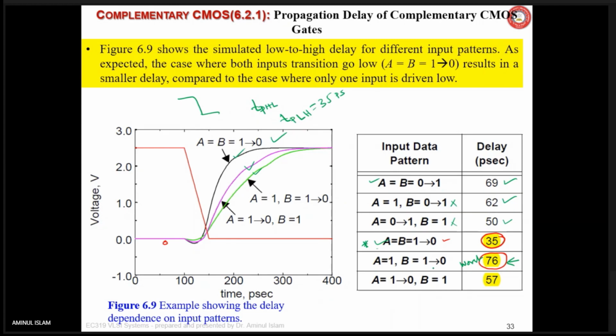Now B is making a transition from high to low. Let me draw it here. You have to remember that here is A and this is B. You have this C int here, and C L is here.